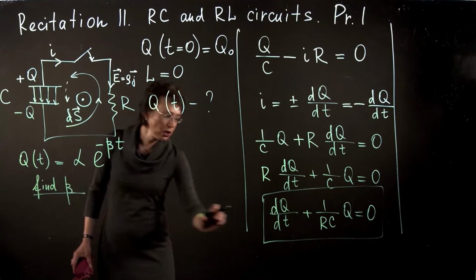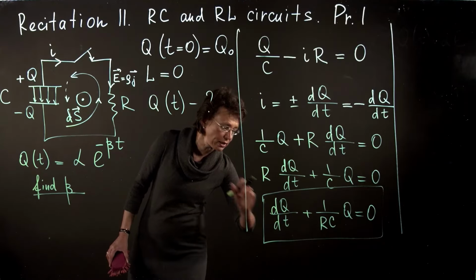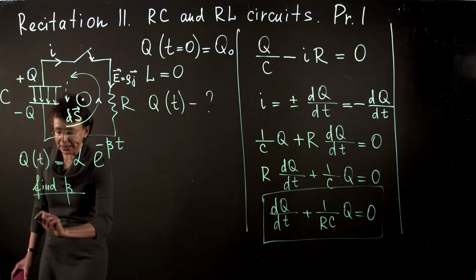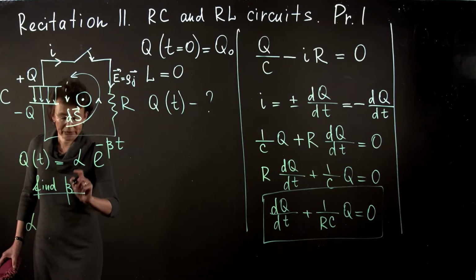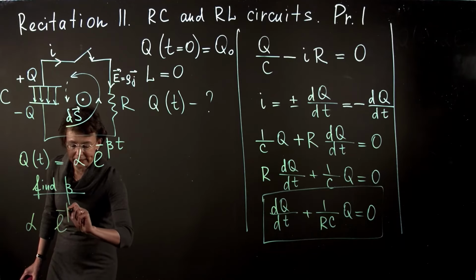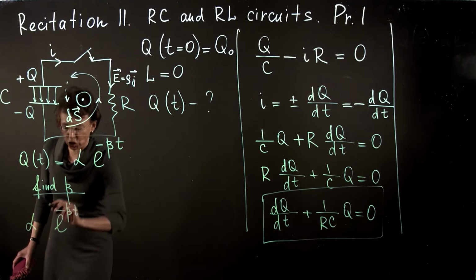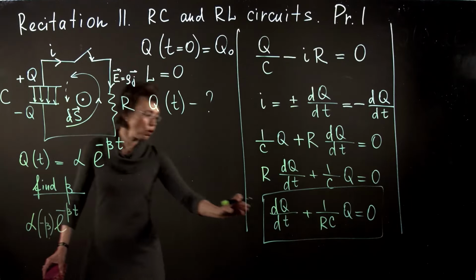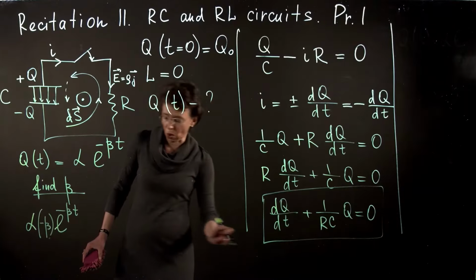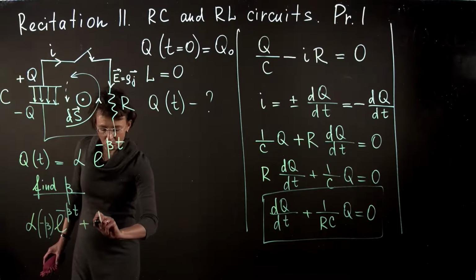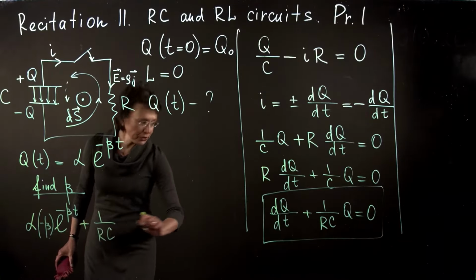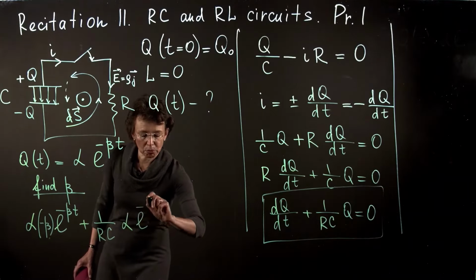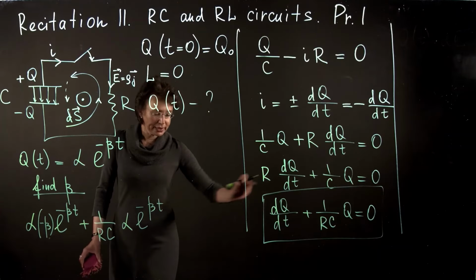So this Q goes into this equation, which means I need to figure out what dq dt is. dq dt is alpha e to minus beta t, and now I use the chain rule, which gives me minus beta. That was dq dt, plus 1 over RC times Q, which is alpha e to minus beta t, and this is equal to 0.